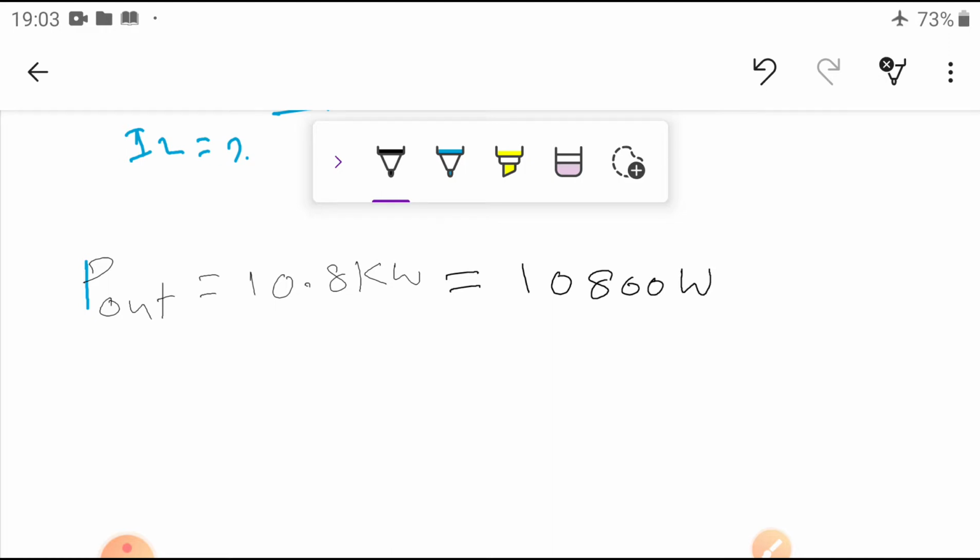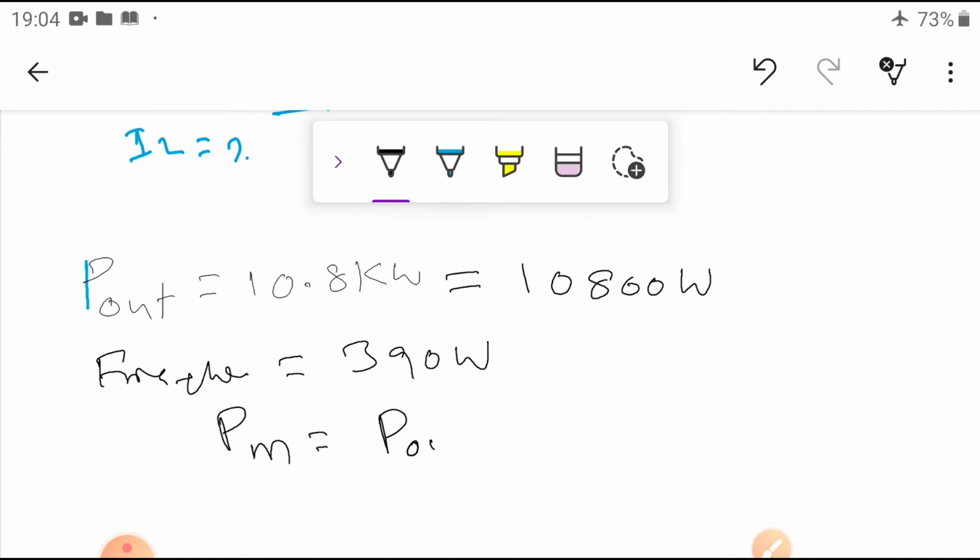Now, what are the friction and windage losses? Friction plus windage losses is given as 390 watts. So PM is equal to P out plus friction and windage losses.